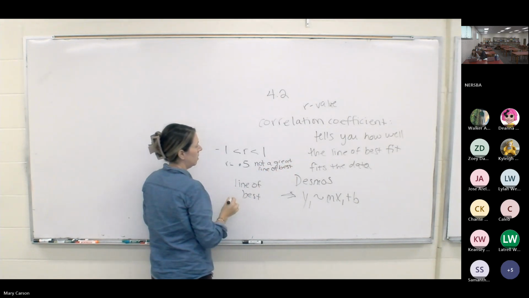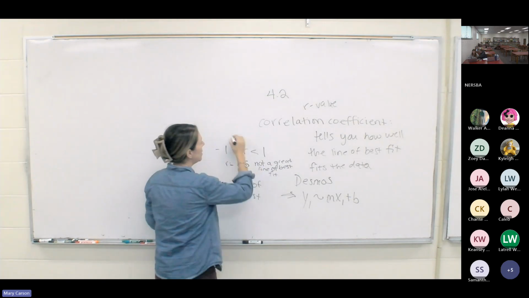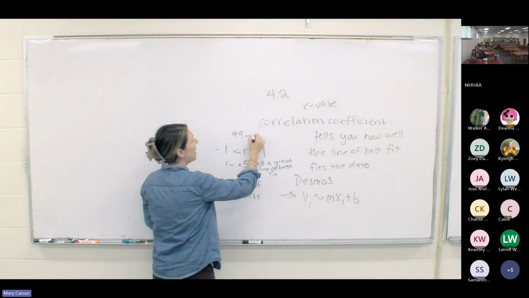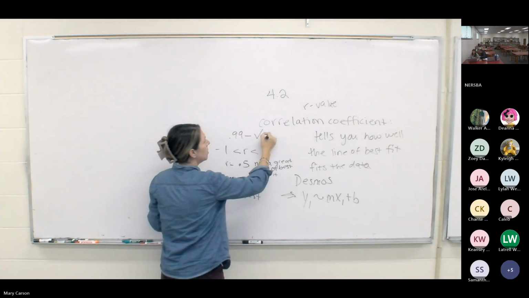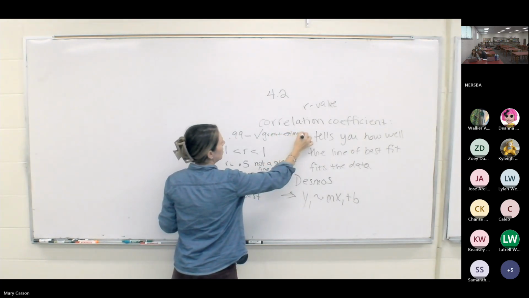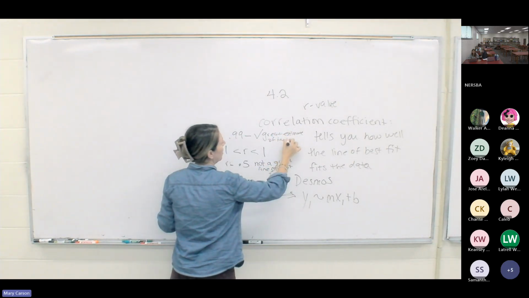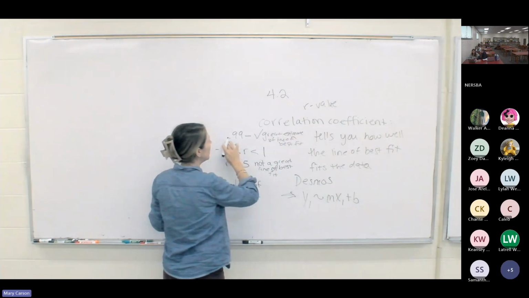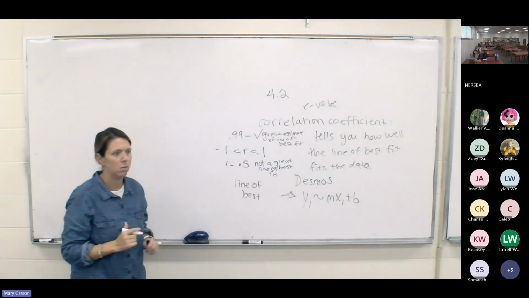If it's 0.99, that is a great estimate of line of best fit. And that means it's about 99% accurate.